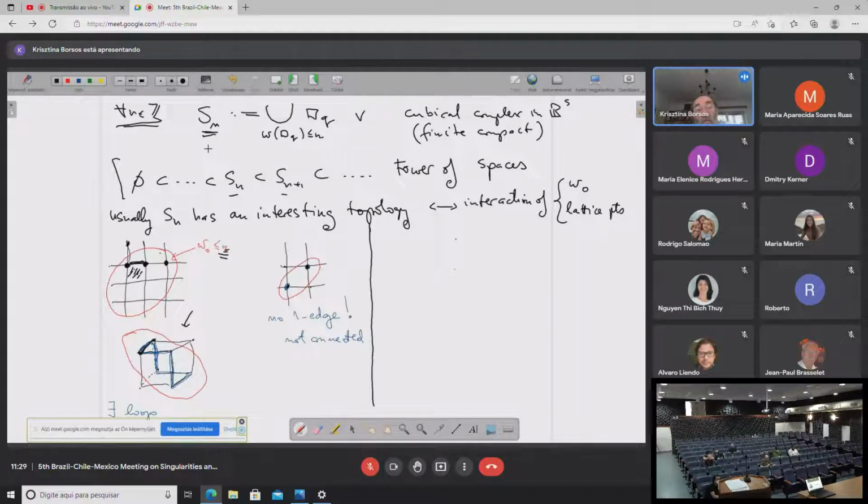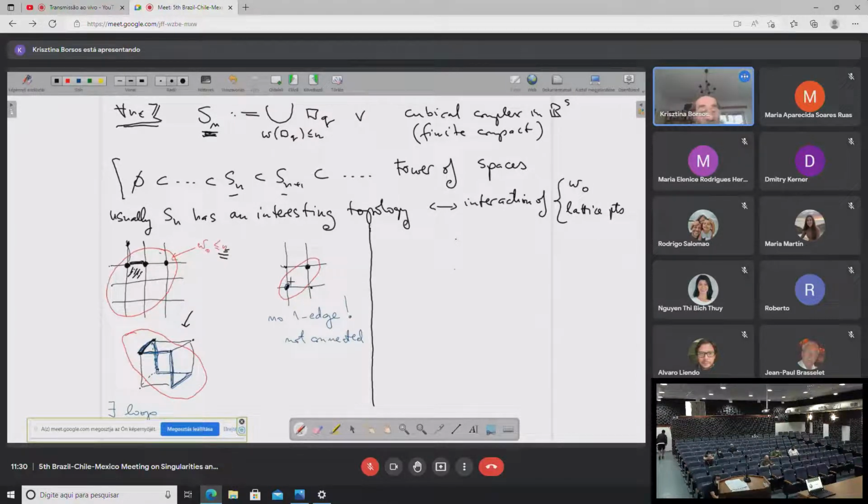It's very interesting to notice that even if the real ellipsoids are contractible, convex, beautiful, nice, this Sn can be non-contractible, can be very tricky. For example, in this picture, I wanted to show something. If this is the level set, on that level set I have two vertices, both of them inside, so they belong to Sn, but I cannot connect them by one edge because this endpoint is outside.